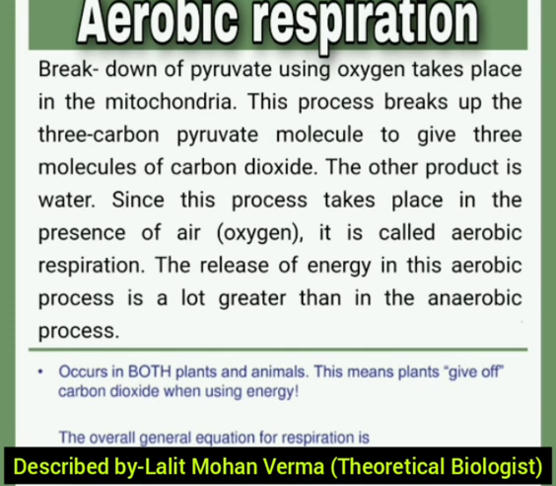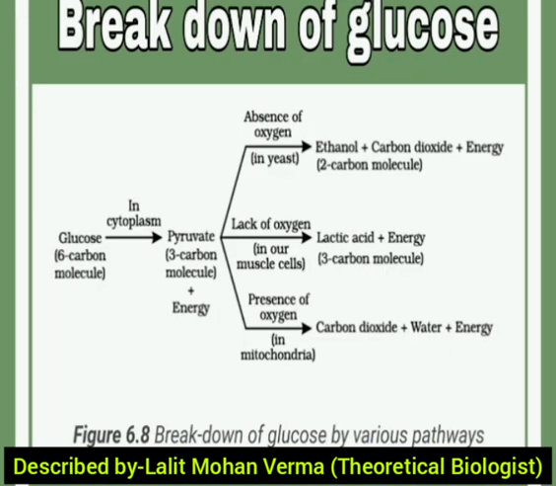And the release of energy in this aerobic process is a lot greater than in the anaerobic respiration, that is approx 38 ATP molecules. So overall breakdown of glucose, you can see on your screen, we have digested food to form glucose, and in cytoplasm this glucose is converted into pyruvate, that is a 3-carbon molecule, and also a little bit of energy produced.